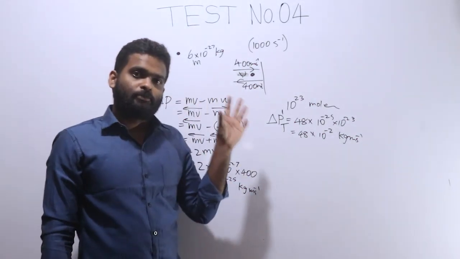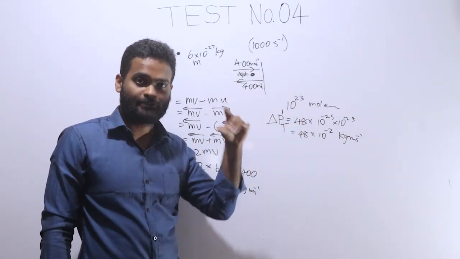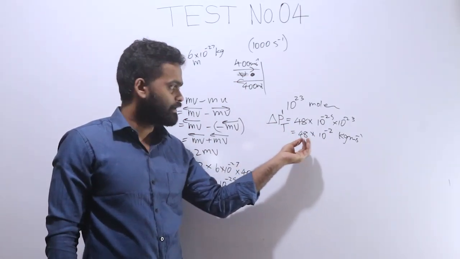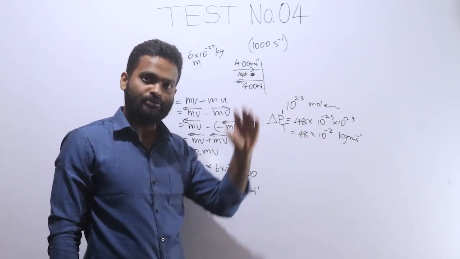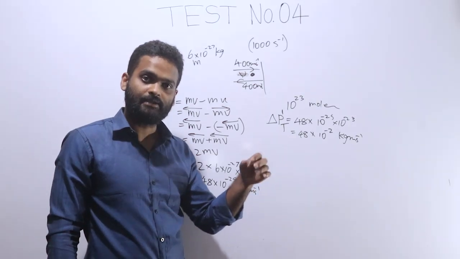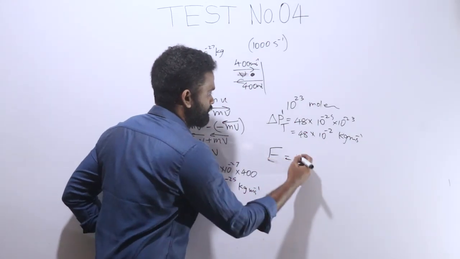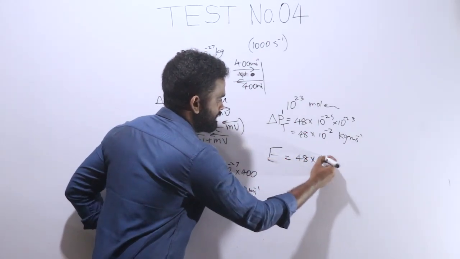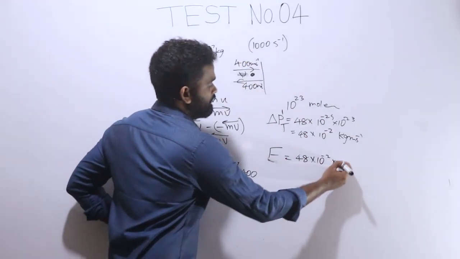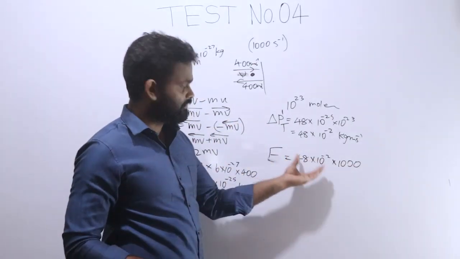Each of those molecules hits the wall 1000 times per second. So if you multiply that number here, this converts the change of momentum into a rate of change of momentum, meaning force. To find the force, just multiply this number by 1000 per second. That 1000 is defined for 1 second, meaning this converts into a rate.